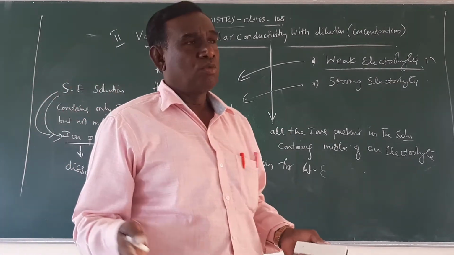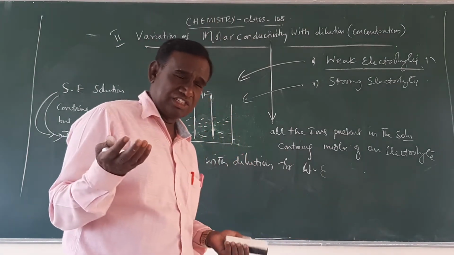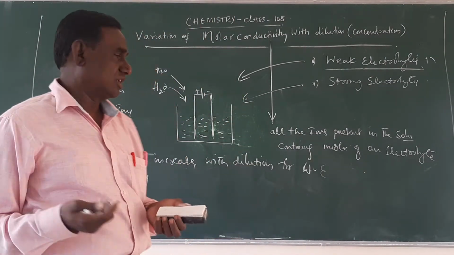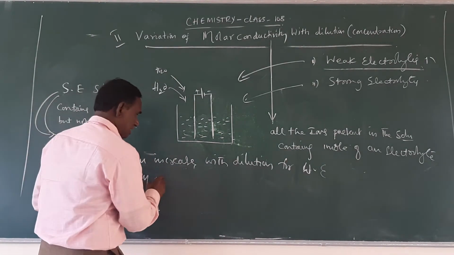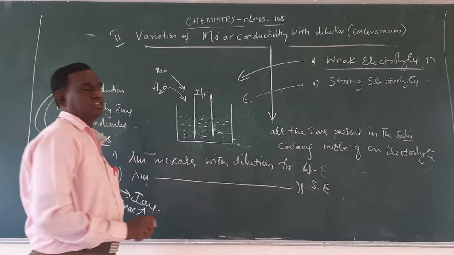That means the number of ions increases and the mobility also increases. Therefore, molar conductivity also increases. That means lambda increases with dilution even for strong electrolytes.